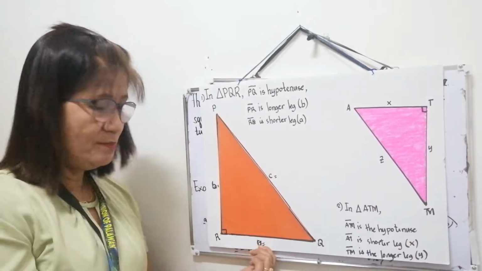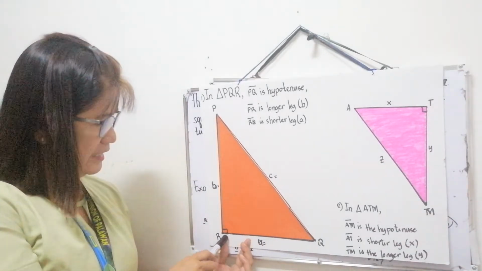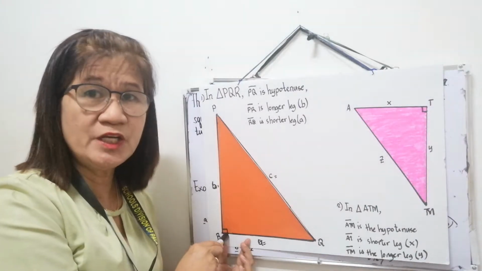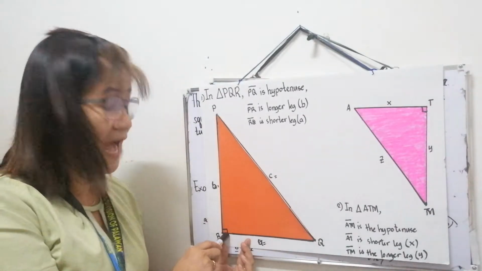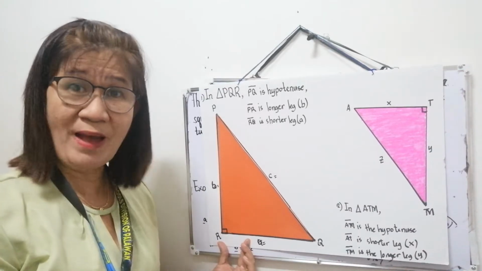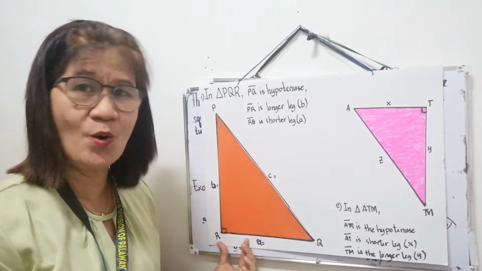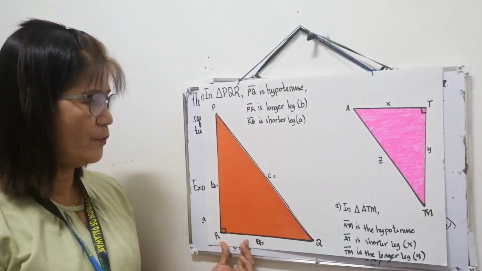You know why? Because it has one right angle. This small square denotes that this angle measures 90 degrees. The question is, is it possible for a right triangle to have two right angles? No, cannot be. Isa lang ang pupwede.